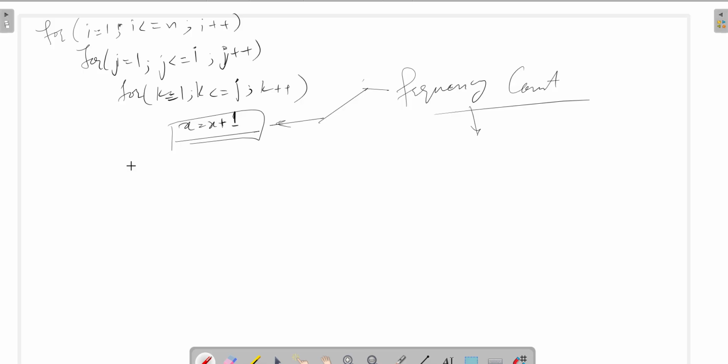Now, in order to do the complexity analysis, we first need to know what the value of n is, because that would tell us how many times this loop would run. Then we'll estimate, for the first iteration of this one, how many times the next would run, and for the first iteration of the second one, how many times the third would run.